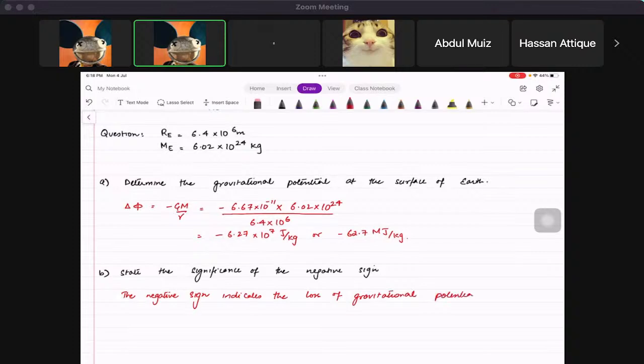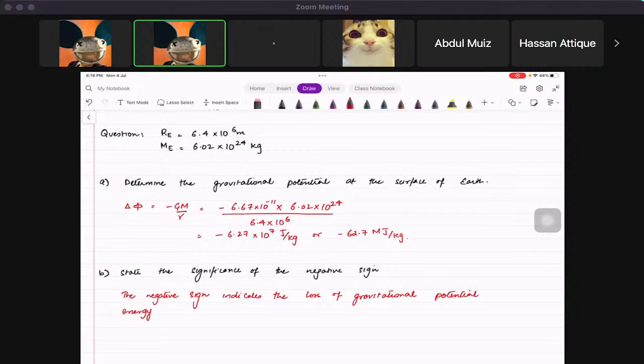Now you might be able to reference this from your O-level knowledge, right? When you would fall from a height, or towards the Earth's surface, we would always say it's losing gravitational potential into kinetic energy, remember? And when we would throw it away from the surface of Earth, you would say it is gaining gravitational potential energy.